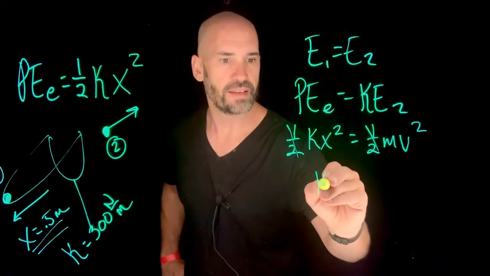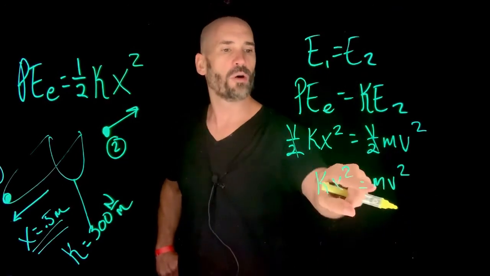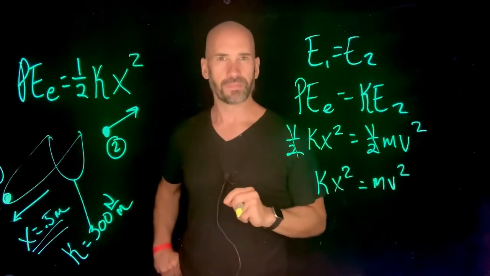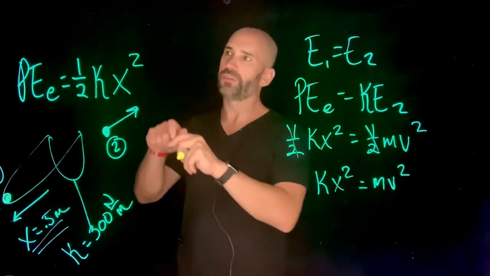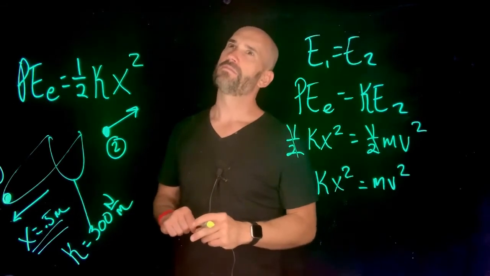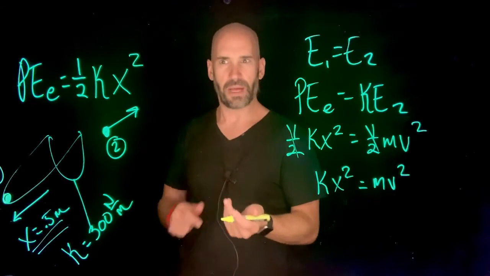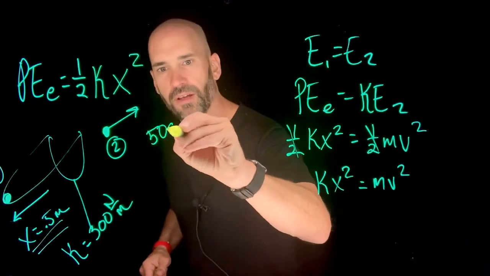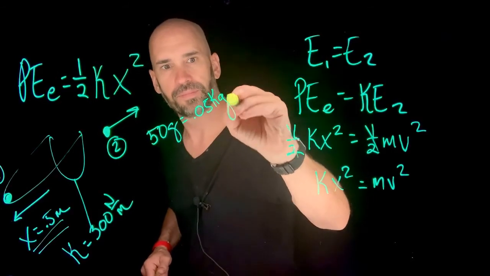So we have kx squared equals mv squared. And we need to know the mass of that pebble. I would say a typical pebble probably has a mass of maybe 50 grams, which will be 0.05 kilograms.